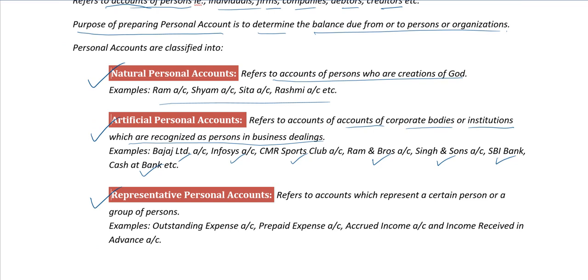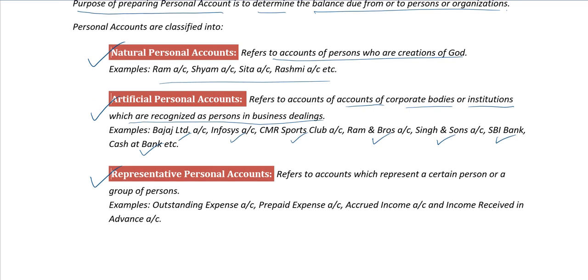The third type of personal account is representative personal account. It refers to accounts which represent a certain person or group of persons. Examples: outstanding expense account, prepaid expense account, accrued income account and income received in advance account. So outstanding expense account refers to the group of persons to whom the business owes expense.